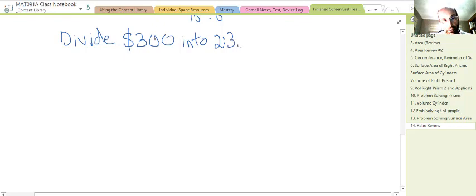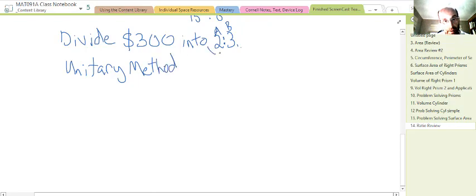How do we do that? That's like saying, well, we've got $300, person A is going to get 2 parts of that, and the other 3 parts is going to person B. We need to use what's called the unitary method. Unitary meaning one part. Unit or unitary means one part.